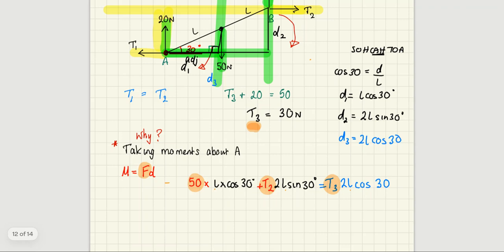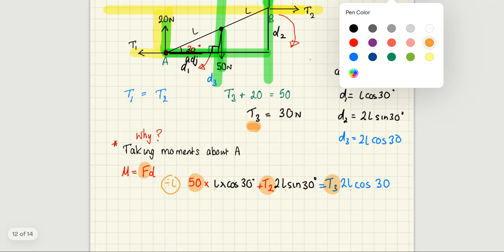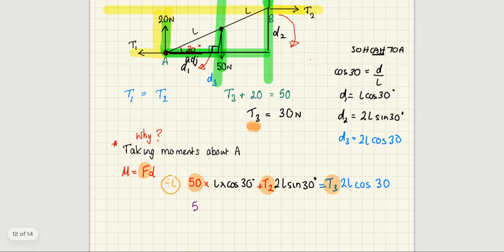So I can divide through by L. Then I'm just left with 50 cos 30 plus 2T2 sine 30 equals T3, which is 30 times 2, is 60 cos 30.